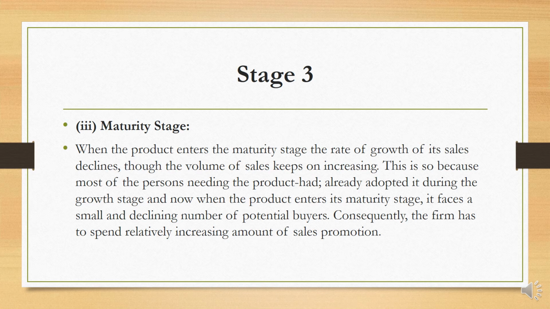This is so because most of the persons needing the product had already adopted it during the growth stage. Now when the product enters the maturity stage, it faces a small and declining number of potential buyers. Consequently, the firm has to spend a relatively increasing amount on sales promotion.